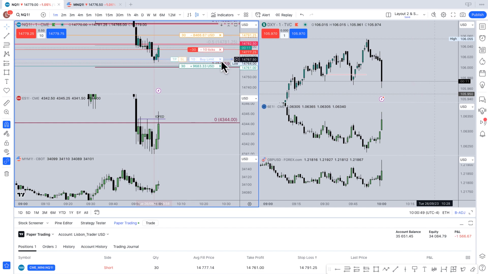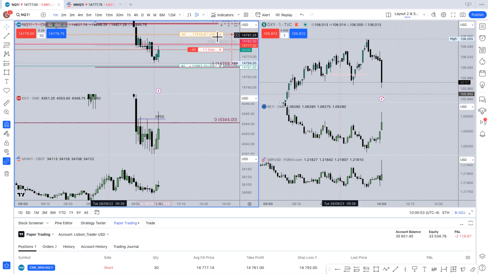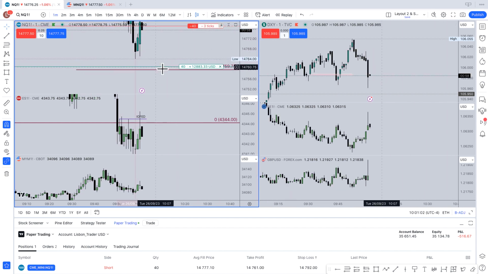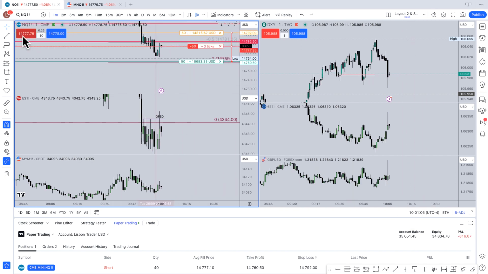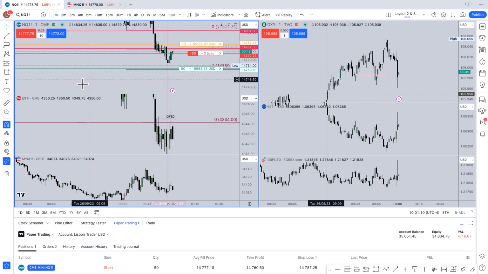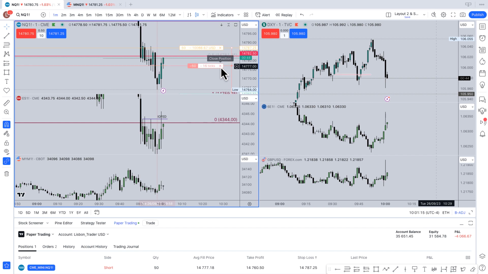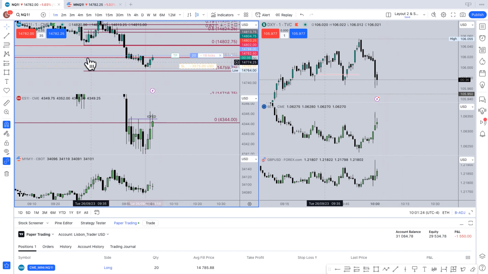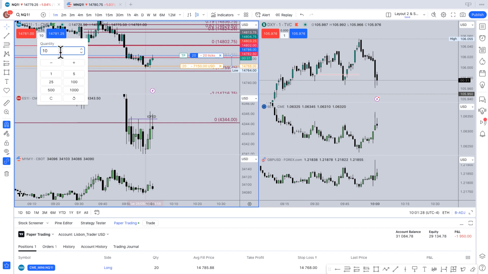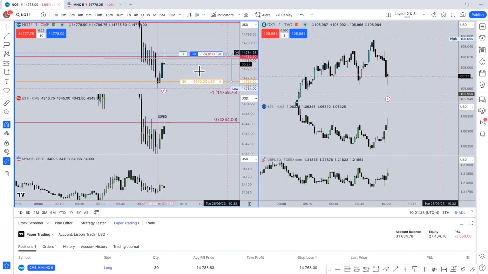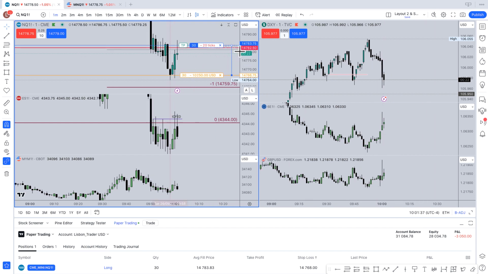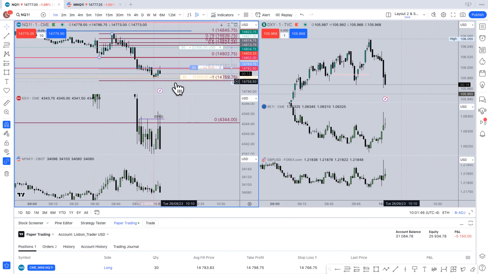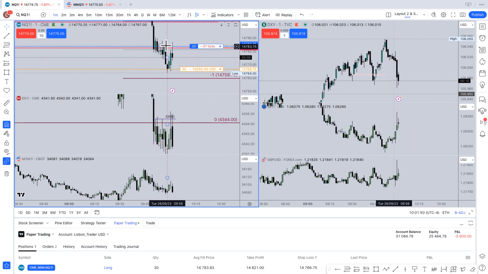Let's buy it here. When this pushes above, this will go until this target Fibonacci level. Wants to go above.